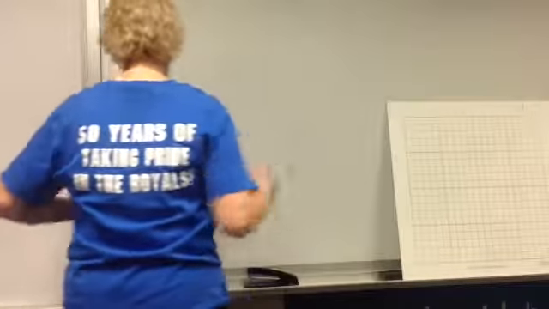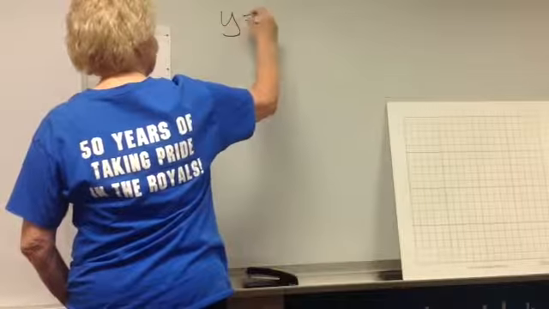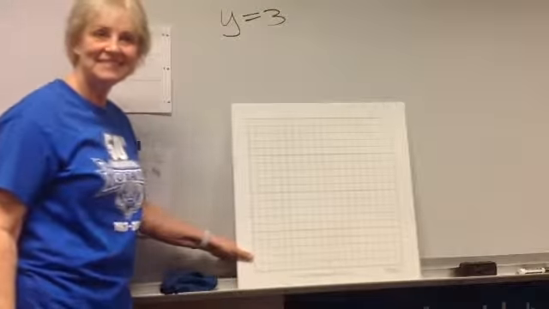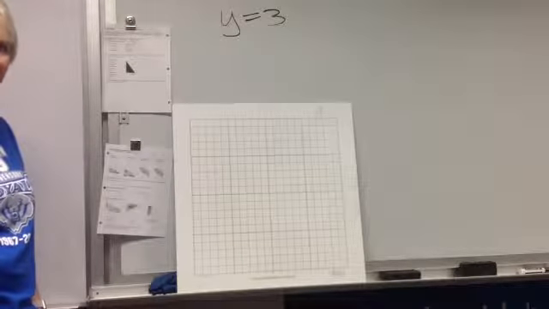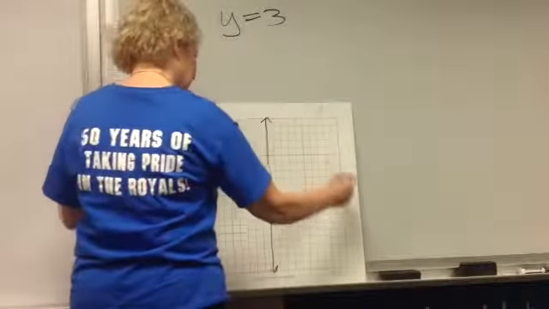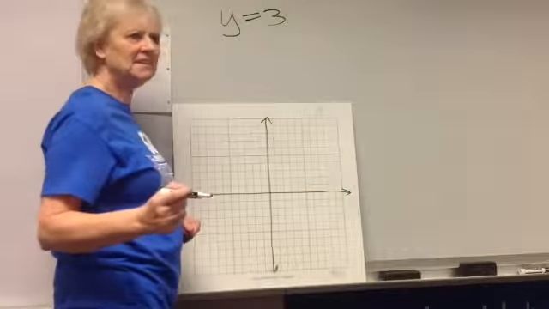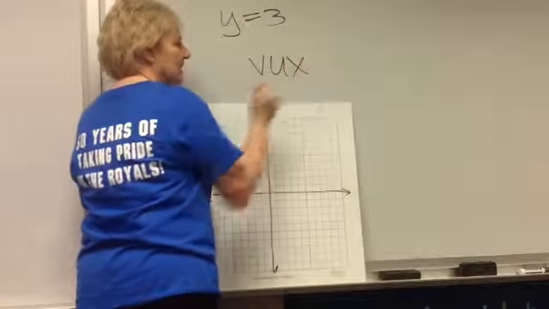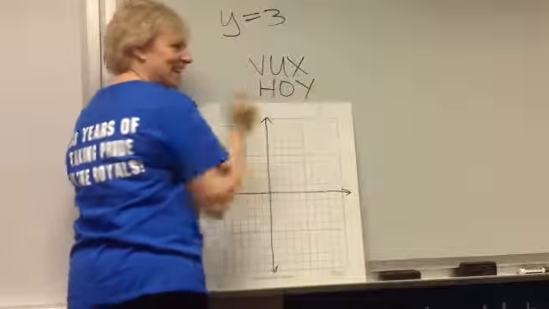Okay, now I'm going to show you one that you forgot how to do. How do you graph that? Luke? It's y equals 3. So you go up 3 on the y-axis. 0 slope. Remember Vux Hoy?